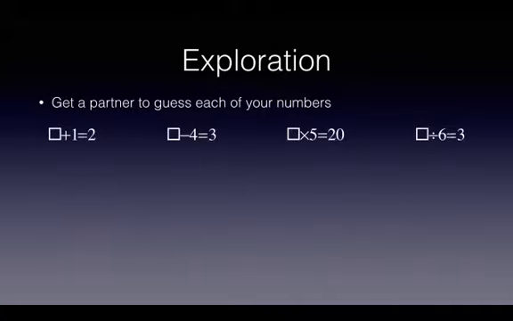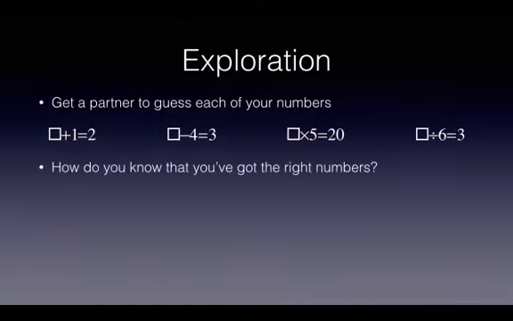Where we were supposed to go from here was this. You're supposed to take your 4 equations that you've made, pass them on to a partner, and have your partner guess what each one of your mystery numbers are. And a lot of people might be looking at mine and saying, oh, I know what this is. It's 1. 1 plus 1 is 2. And you're absolutely right. But how is it that you know when you have the right mystery number?